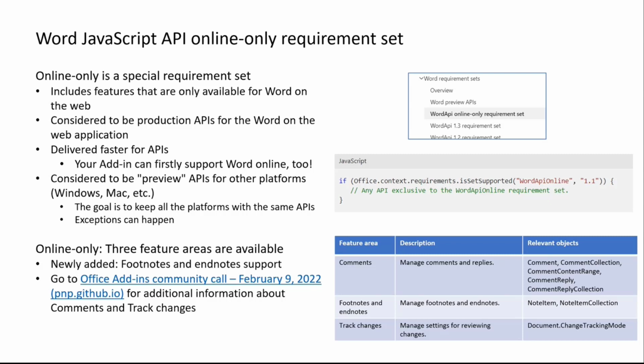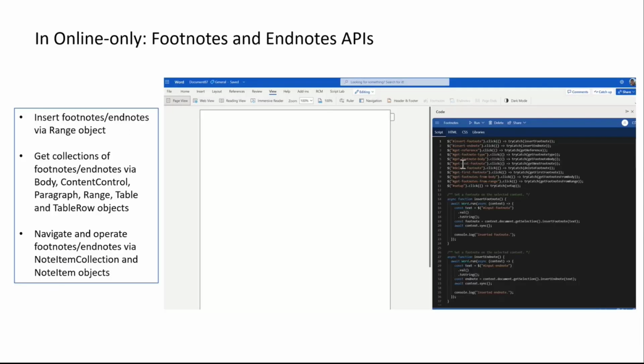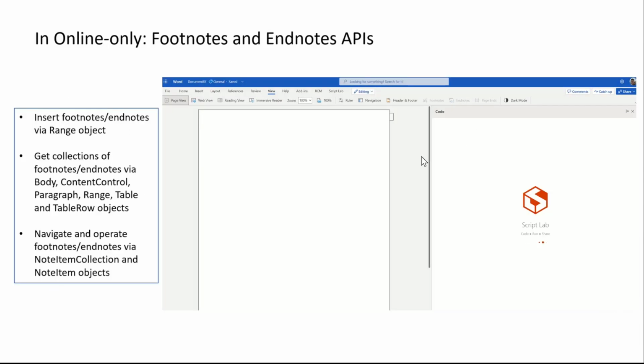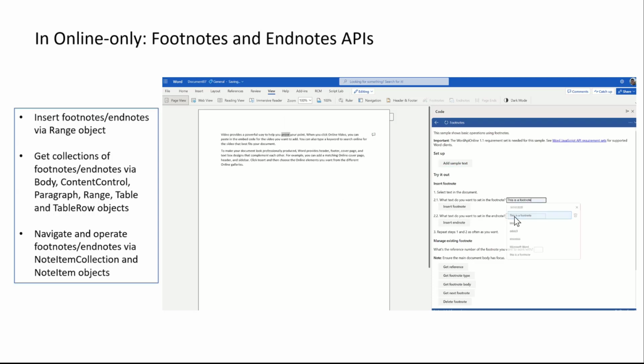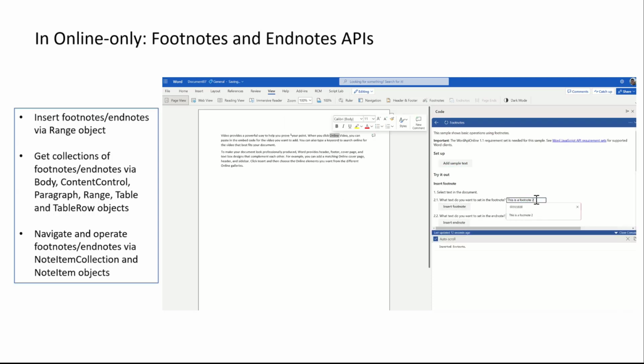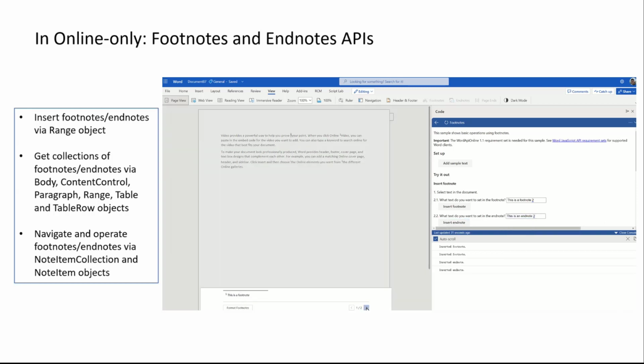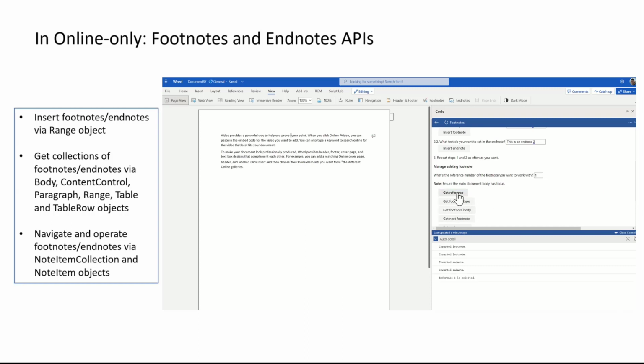So here is a demo to show how we support the footnotes and endnotes APIs. You can insert footnotes and endnotes through the range object, and you can also select the endnotes and footnotes from different objects, and you can also navigate to a specific note in your add-in.